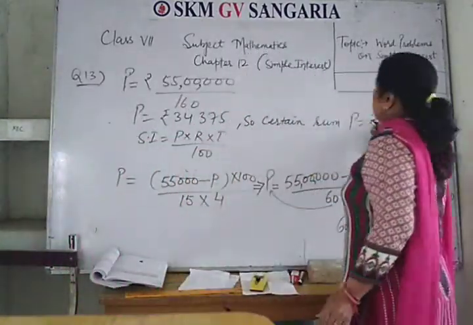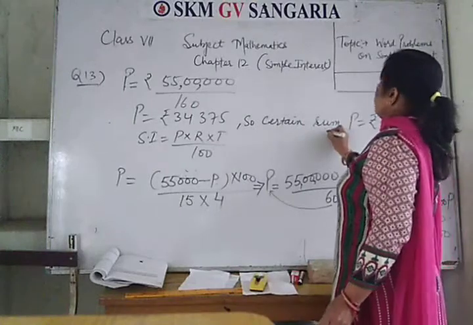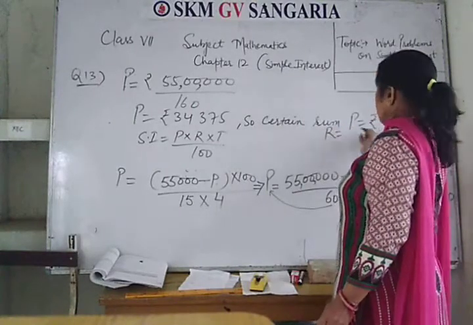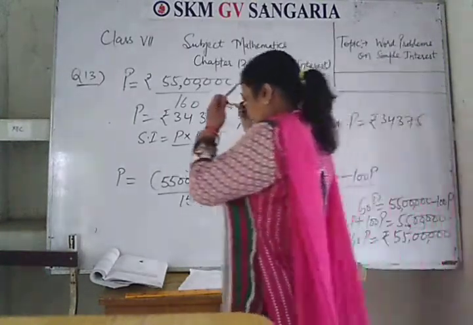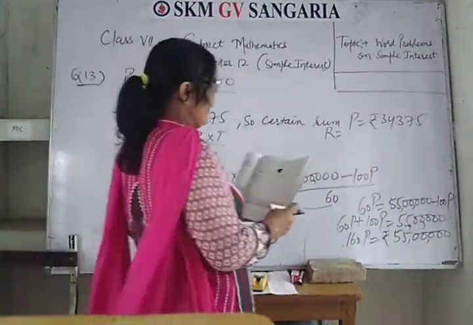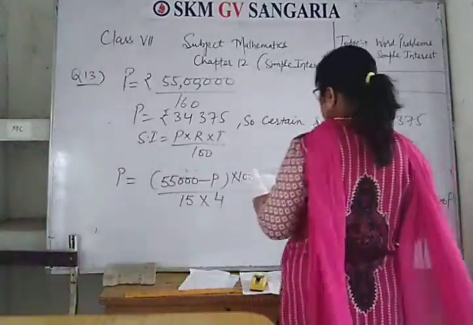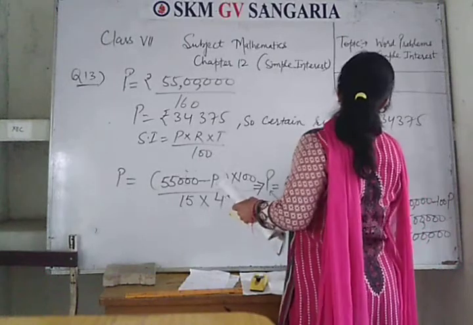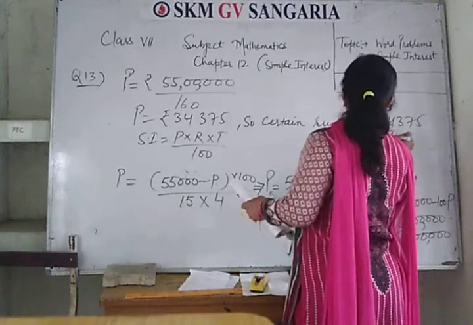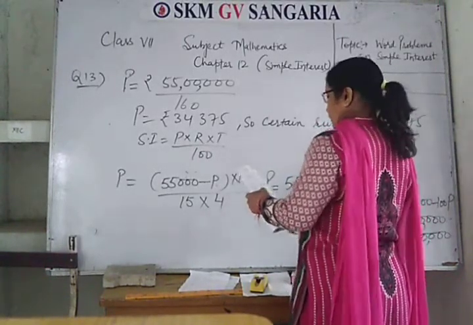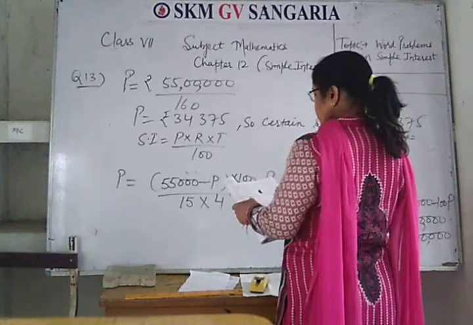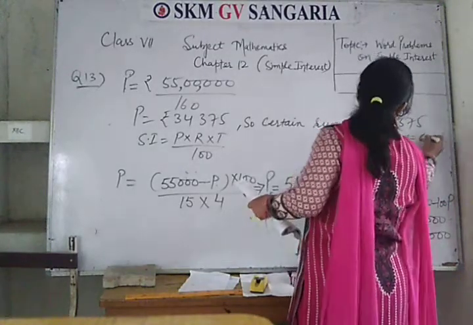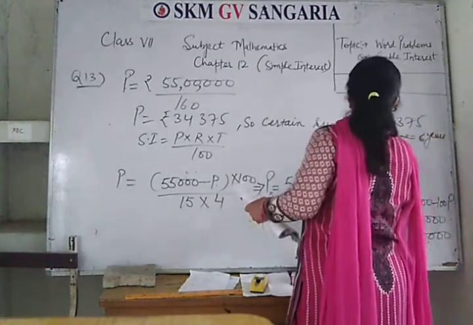Here the rate of interest was how much? The rate of interest was 15%, and the time, we are getting simple interest for 6 years. 6 years, per annum.